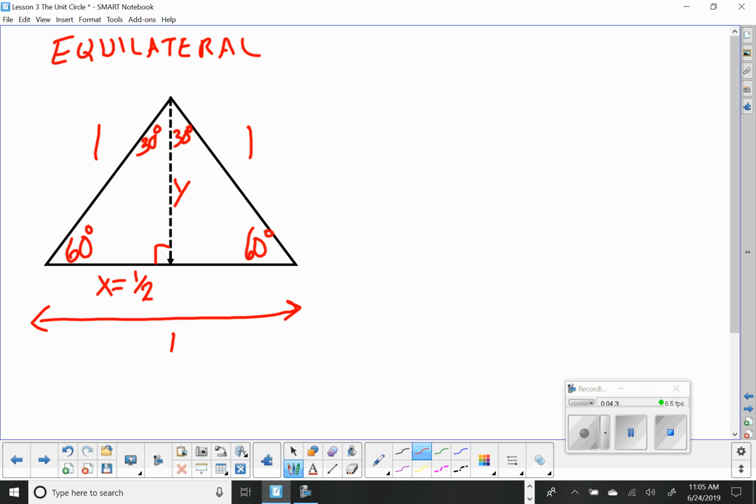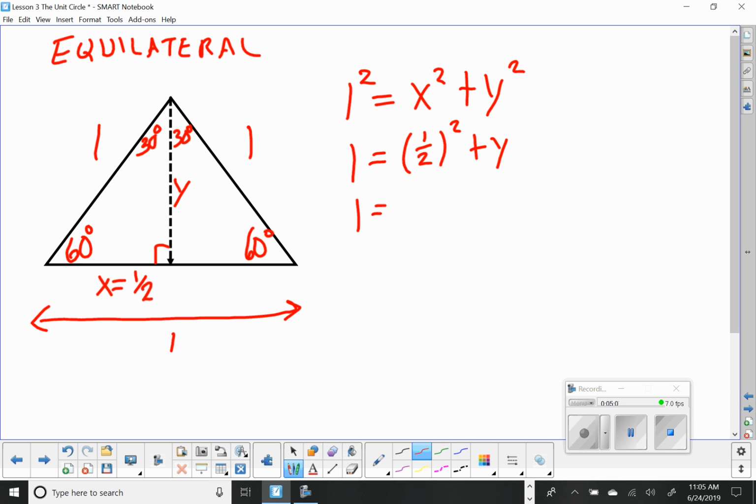Using again the Pythagorean theorem, I know that 1 squared will be equal to x squared plus y squared. I figured out that x is 1/2. And y over here. Because I know that 1 squared is just 1, I'm simplifying it. 1/2 quantity squared is 1/4.